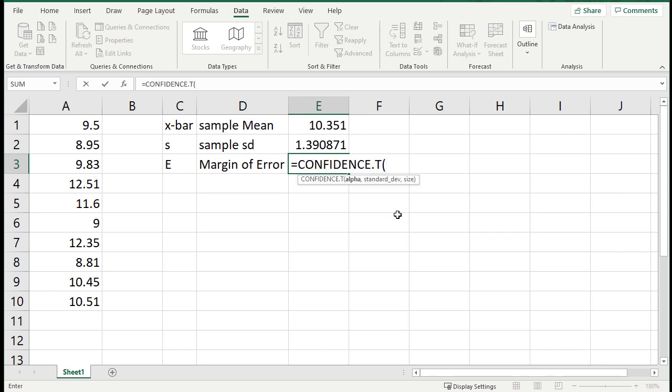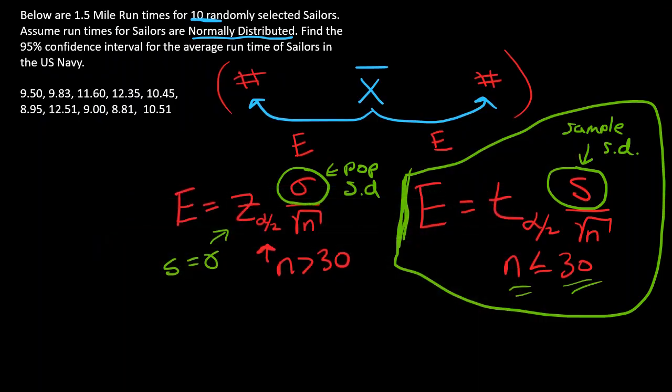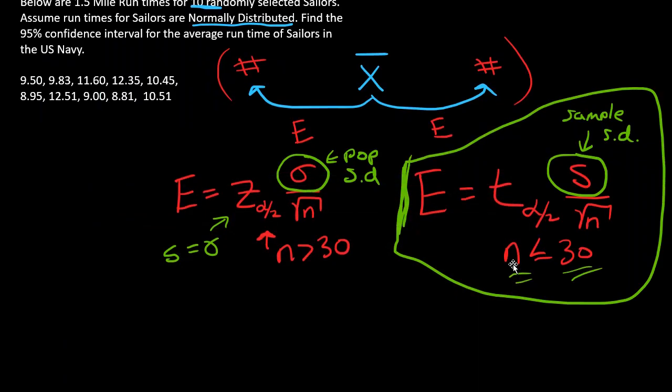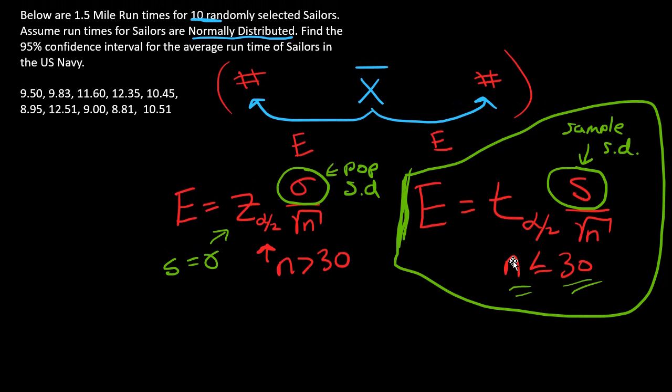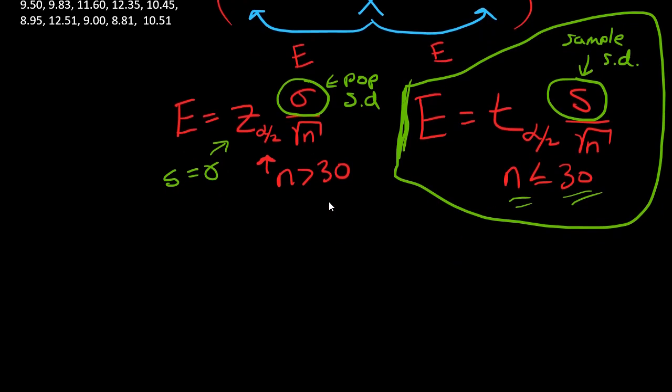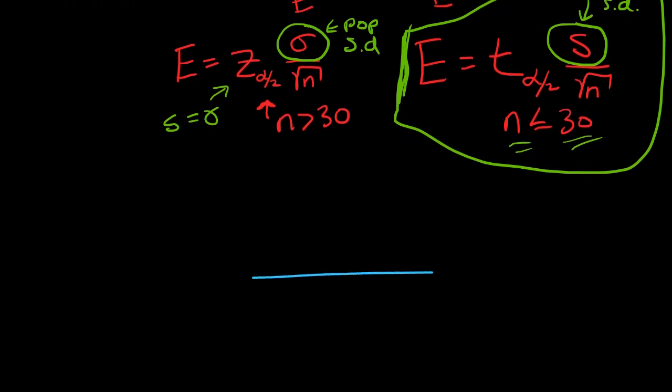All right, alpha. What is alpha? Okay, let me go back to my problem. Alpha depends on your confidence level. If I were to draw out the distribution of t, centered on 0, we are constructing a 95% confidence interval.